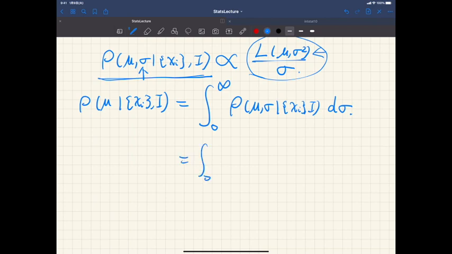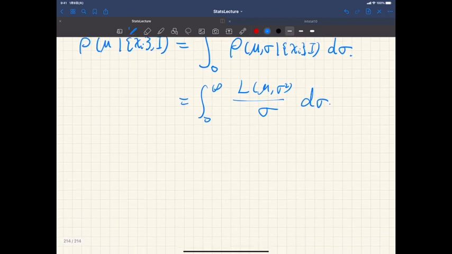And so this is like L of mu, sigma squared over sigma d sigma. If you integrate this and just ignore the constant terms, this is proportional to something like this. Well, I think we should first write. So let's see. It should be proportional to something like this.